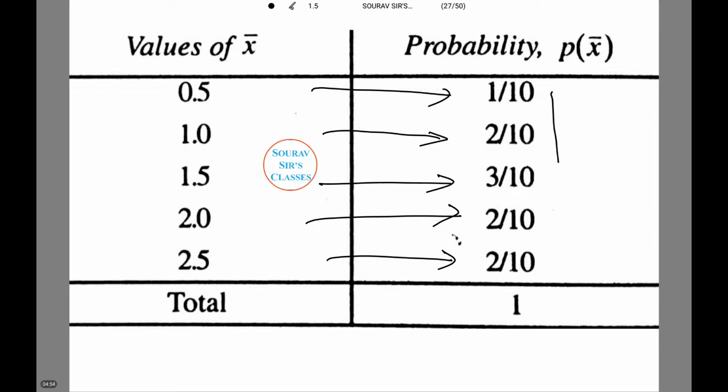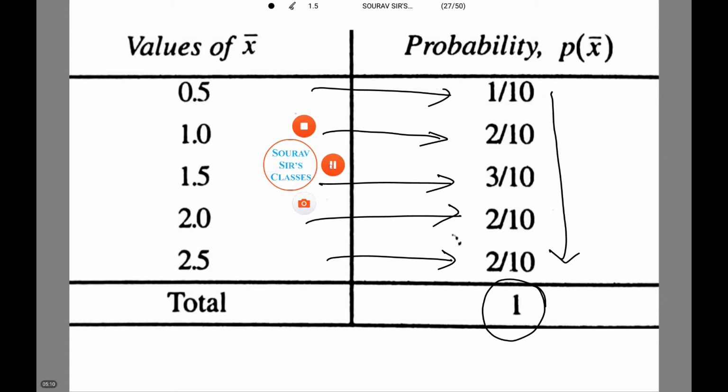Please add them and find out whether your answer is 1. If not, there must have been a mistake, because the total of all the probabilities is always equal to 1.